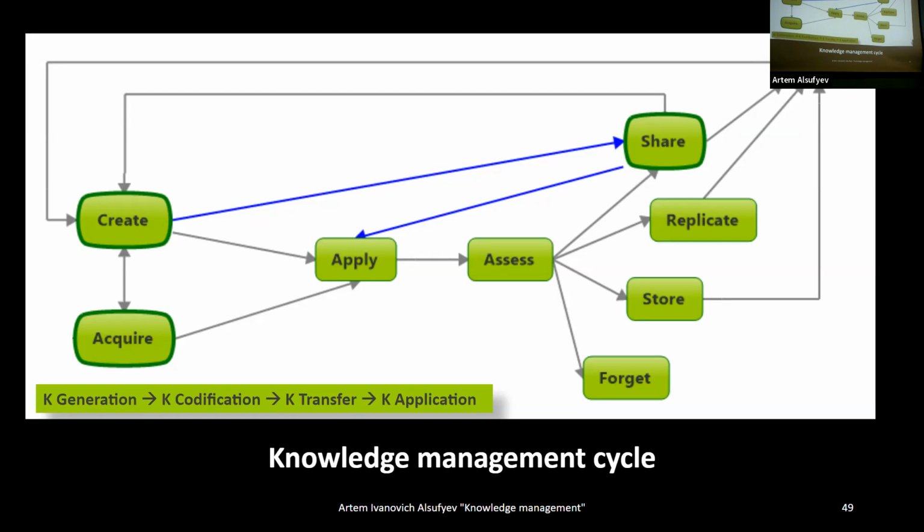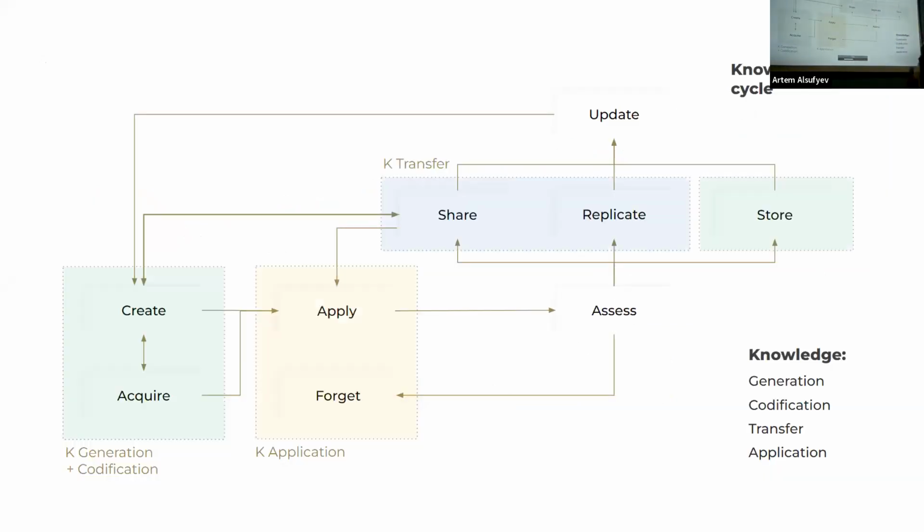In the general scheme of these nine processes, I propose that we have a different one, maybe more clusterized. So we generate knowledge, we apply this knowledge or disapply it.